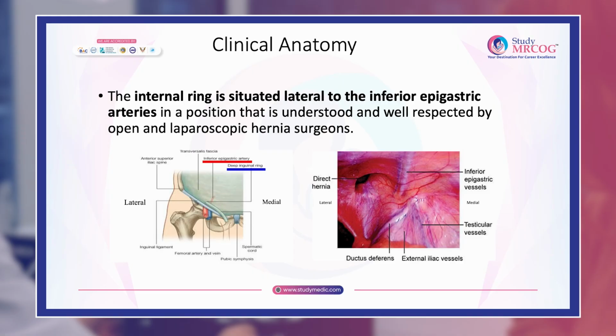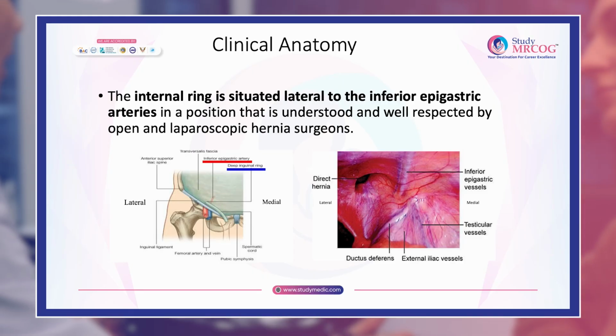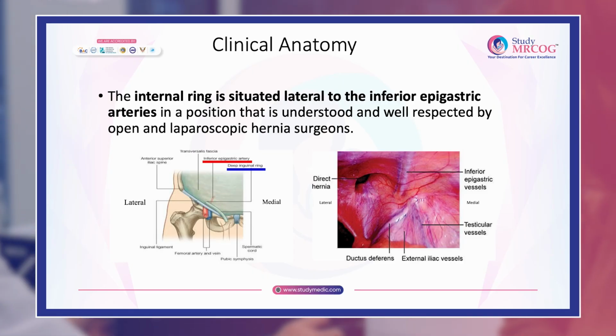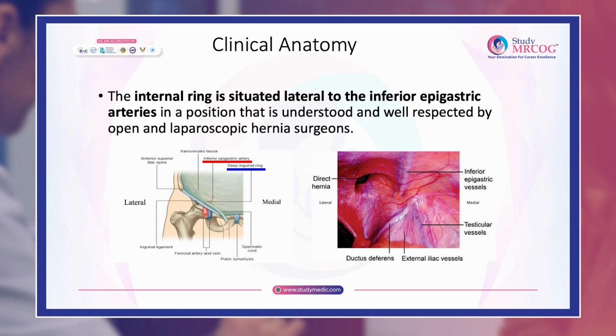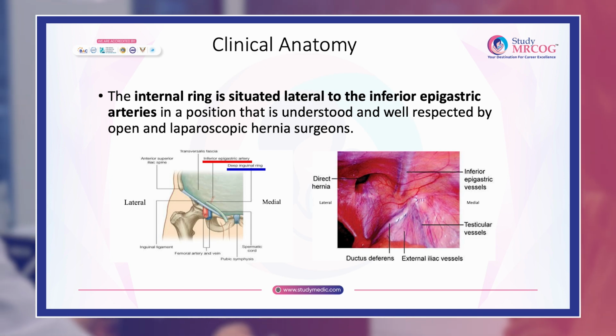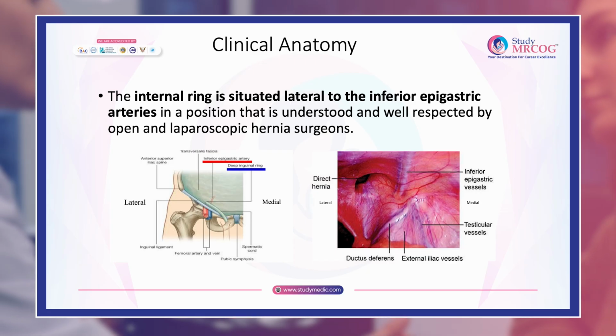The internal ring is situated lateral to the inferior epigastric arteries, and this is very important. An image question is also put up for the exam, and this anatomy is very obviously understood by the surgeons.